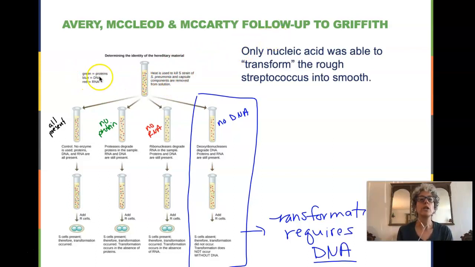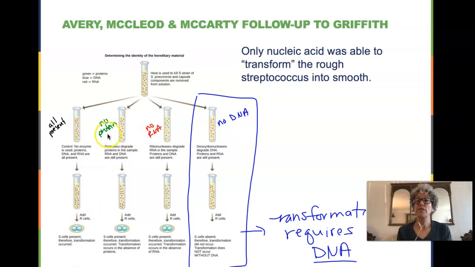And the little green dots represent proteins, blue represents DNA, red represents RNA. So if the DNA and the RNA and the proteins are present, we add the R cells and they get transformed into smooth cells. So that says, well, it's the protein, the DNA, or the RNA. We don't know which one.